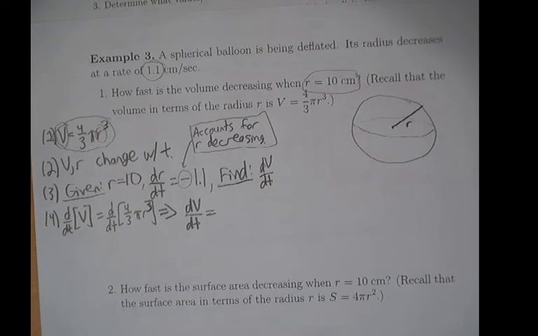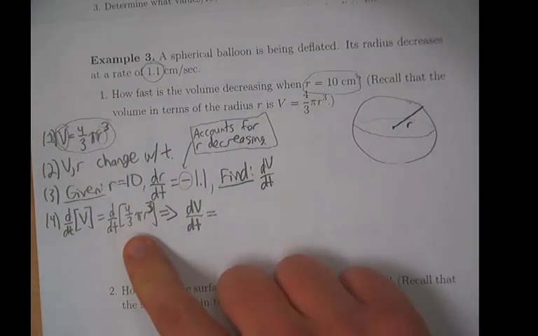Let's give someone else a chance. So what would the derivative of this side be with respect to time t?